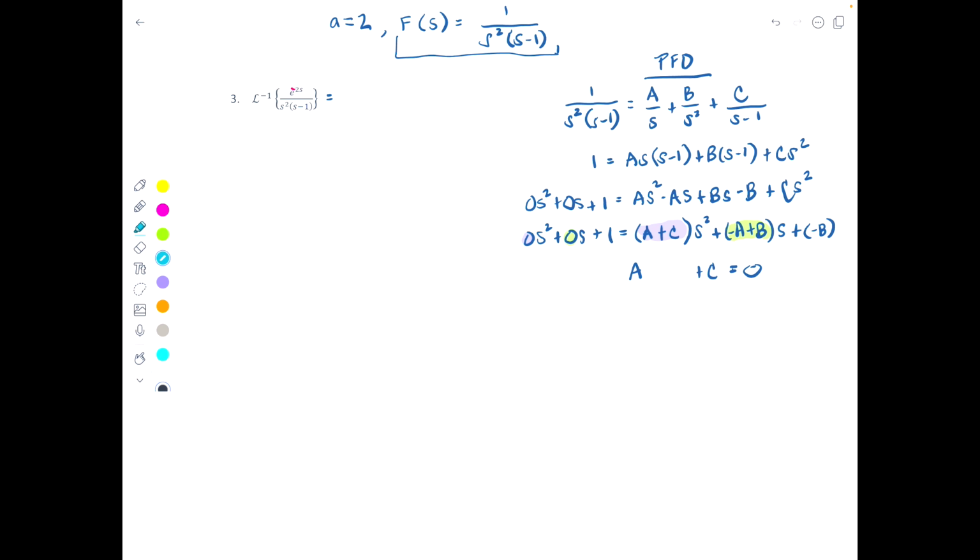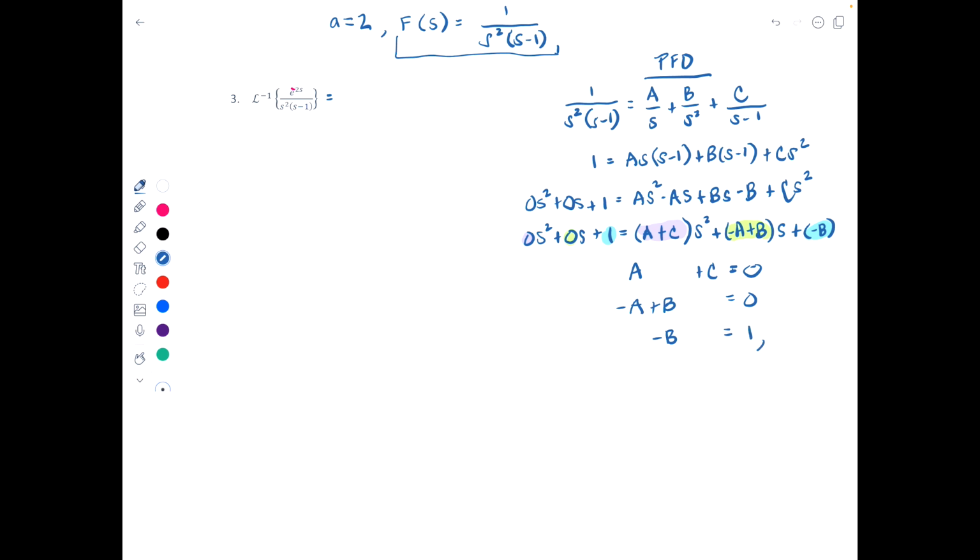And then we have negative b as our constant. So negative a plus b is 0, and then negative b is equal to 1.